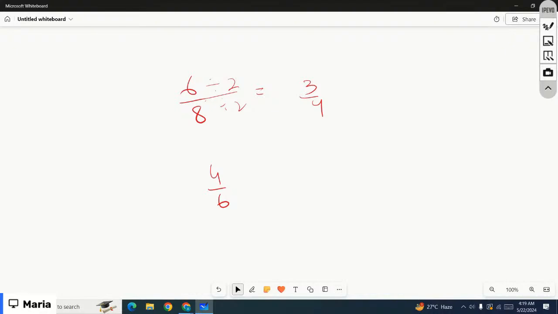Yes, that is 2 by 3. The correct option is 2 by 3. You have to divide them by the greatest common number, that is 2. So, yes, that is 2 by 3, right?